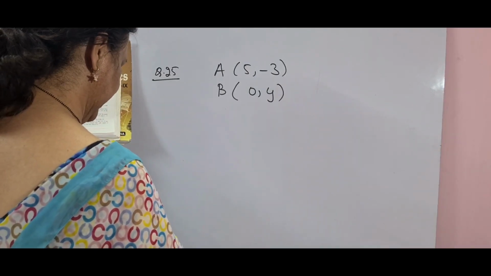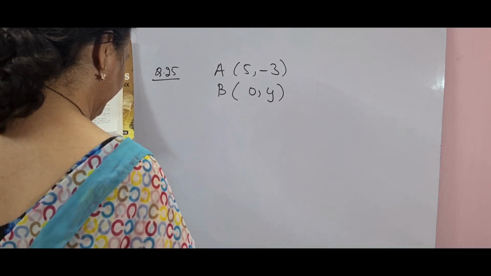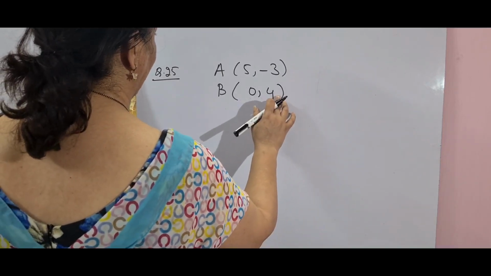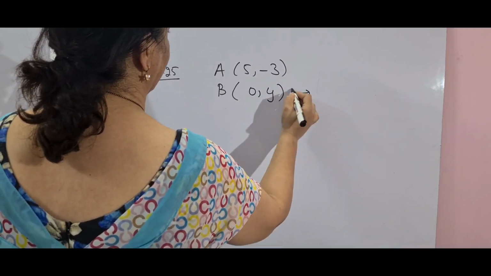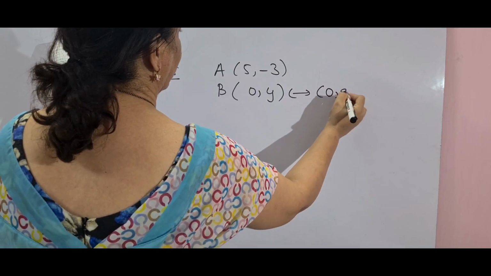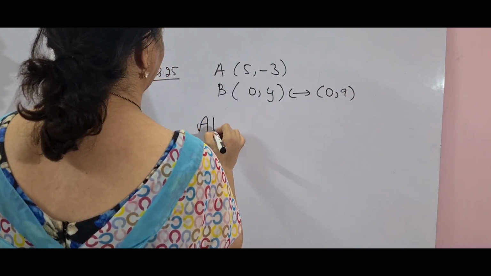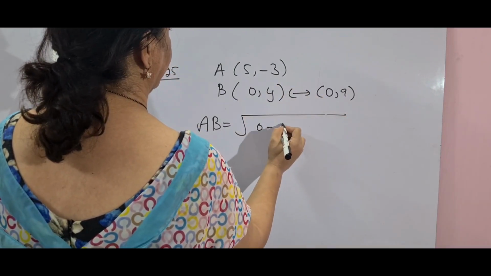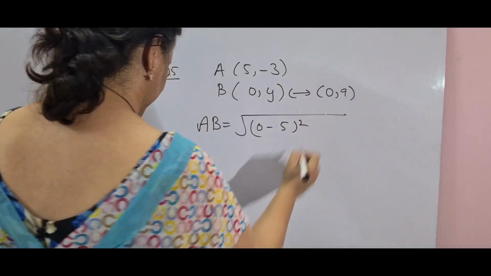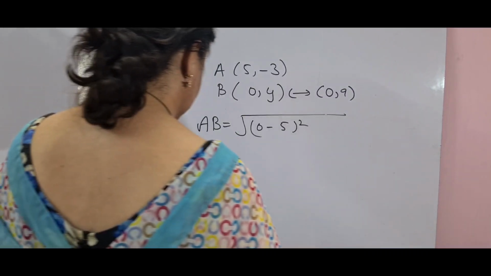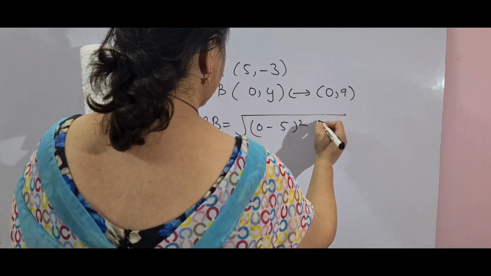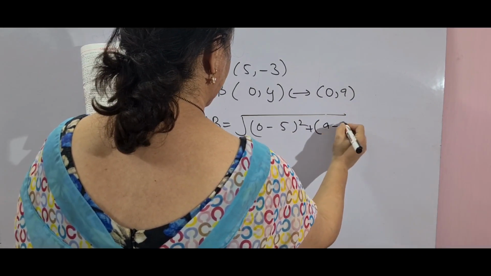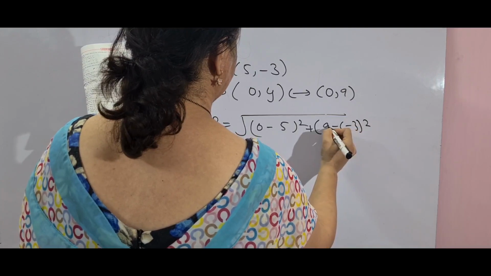B is on the y-axis, and I told you that a point on the y-axis is to be taken as (0, y), and the ordinate is also given. So you write B as (0, 9), and the rest you have to find the distance, that is 0 minus 5 whole square plus 9 minus 3 whole square. This is the answer.